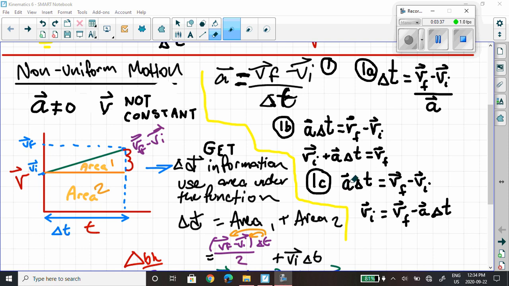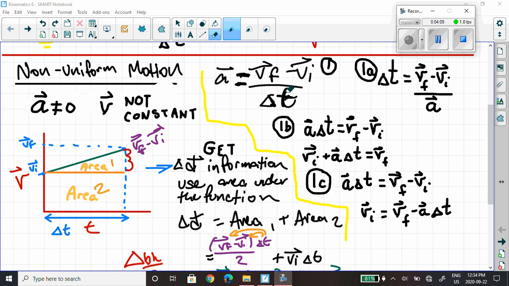We're taking acceleration multiplied by time, bringing it from left to right, and you get yet another version of equation 1. We're going to call this equation version 1c. So we do already have an equation that lets us analyze non-uniform motion. It was the one I introduced a while ago, and it comes in all these different forms just by rearranging the equation using some algebra.